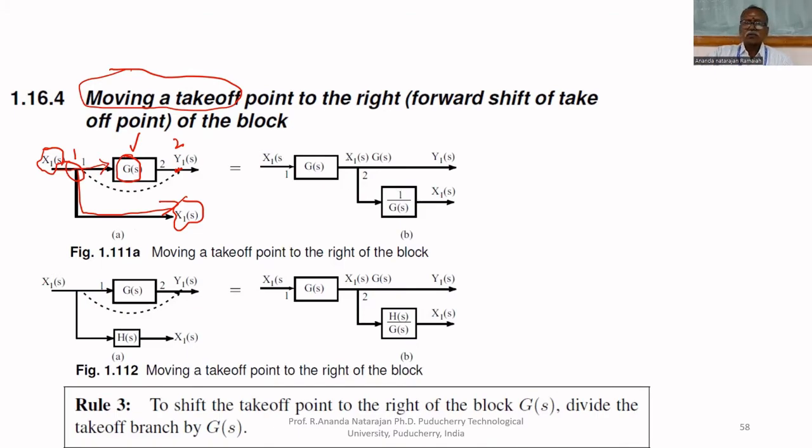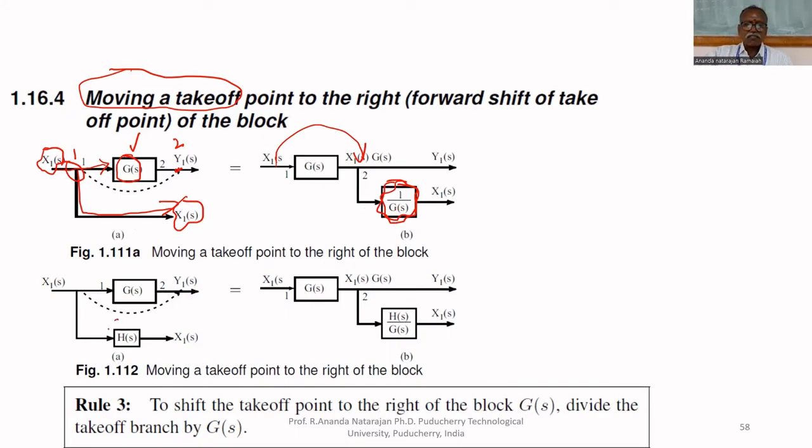So I have to reduce the magnitude by 1 by G of S. So if you shift that point from here to here, then the signal should be multiplied by 1 upon G of S, because it is already multiplied by G1 of S. To nullify that G effect, I am dividing by G of S.